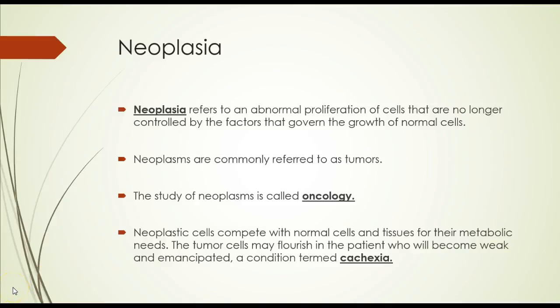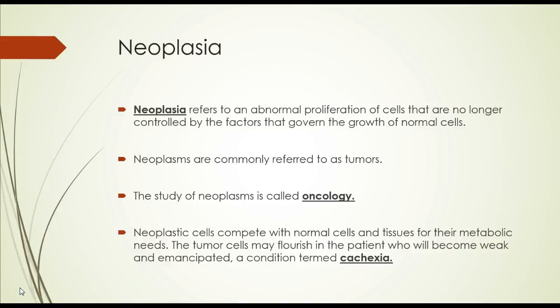These cells grow under their own rules and regulations, not governed by the body, and so they often form tumors and can spread throughout the body, and it leads to cancer. Neoplasms are often referred to as tumors, and the study of these tumors or neoplasms is oncology.